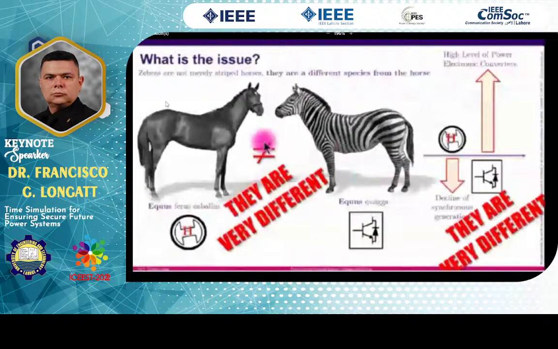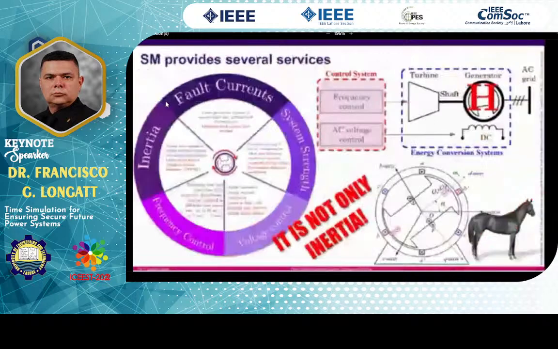What I want you to take as a takeaway from this presentation is that the power converter is dramatically different to the synchronous machine. And what is the reason for that? Well, in this slide, you can see two very interesting things. The synchronous machine is extremely simple.